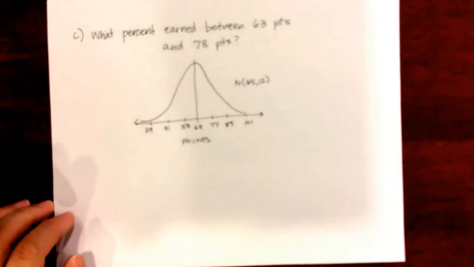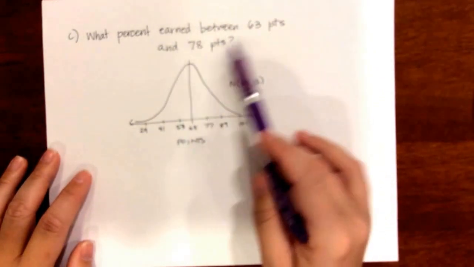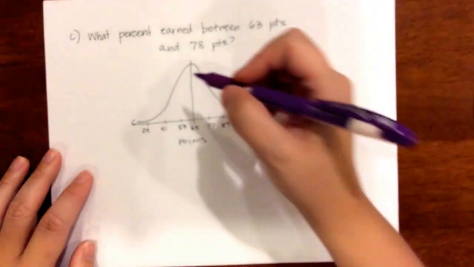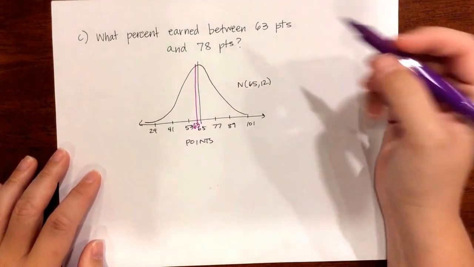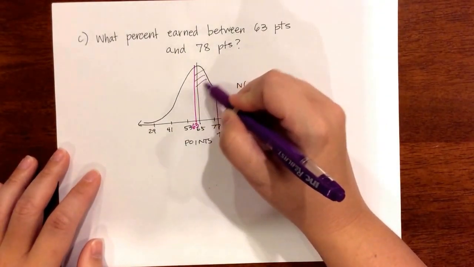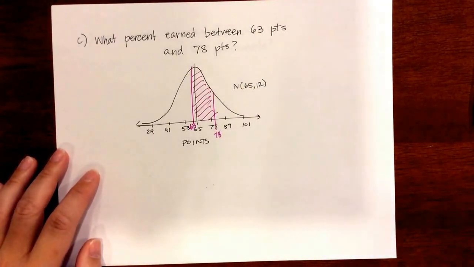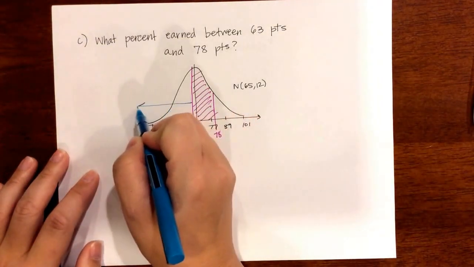All right, what percent earned between 63 and 78? So I picked these numbers so that way we can save a little time and just use our values from parts A and B, since we already did the math there. So here's 63, here's 78, and I want to find that purple middle region. So again, the normal distribution chart only works from less than.